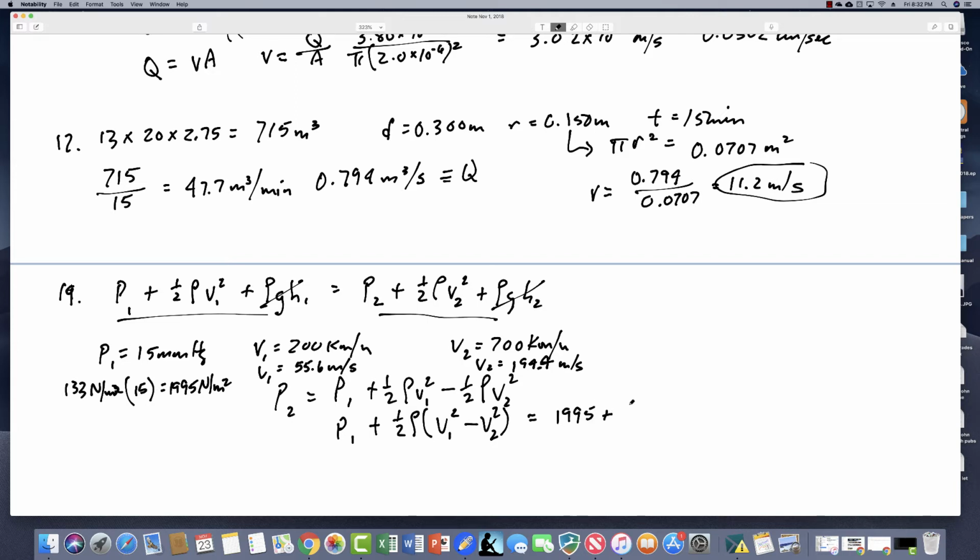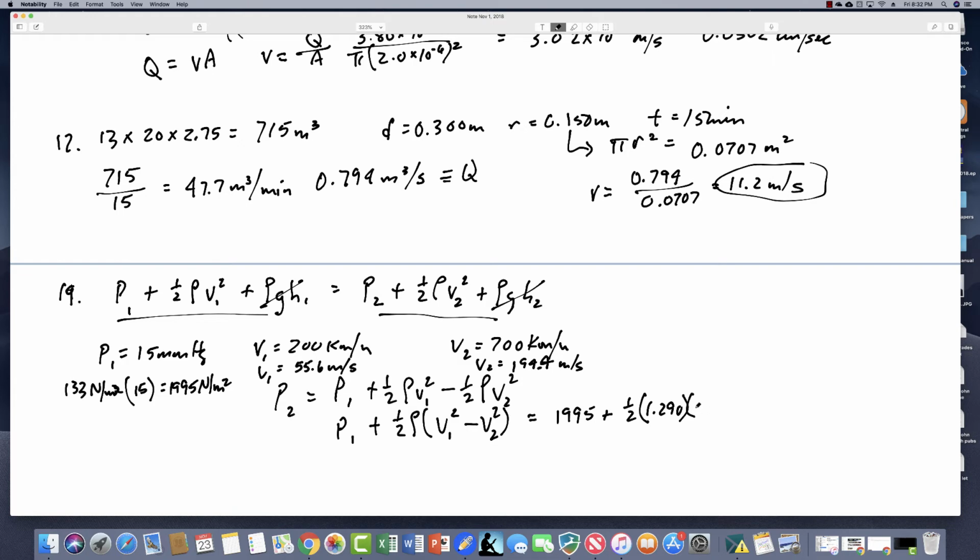This is going to equal 1995 plus 1/2. And they don't tell you here, but the answer book uses the density of air, which is 1.29 kilograms per meter cubed. And they don't really tell you you're using air, but you have to kind of figure that out.